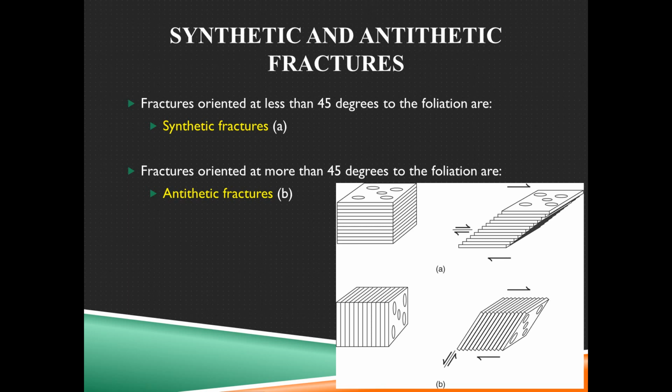And so this tells us about what kind of system we have going on, and we call it synthetic fractures and antithetic fractures. So synthetic fractures, it's kind of like they're synthesizing and building on, everything's lined up, the fractures, the fault motion, the foliation, everything's all in the same direction. And then antithetic fractures is when the fractures and the sense of motion are at a different, greater than 45 degree angle.